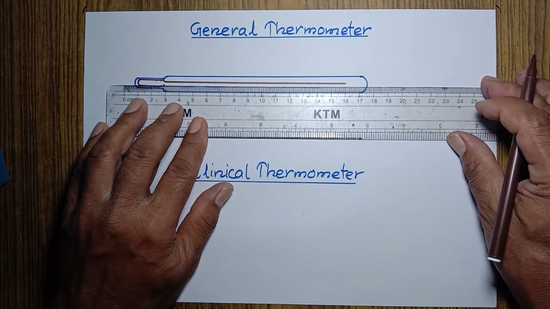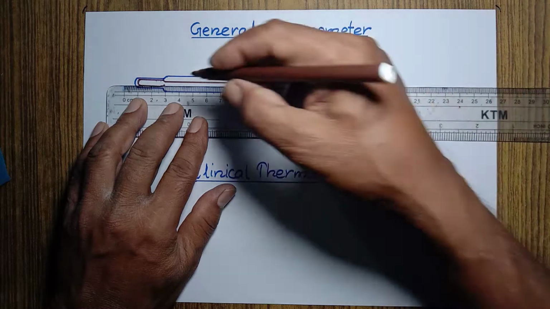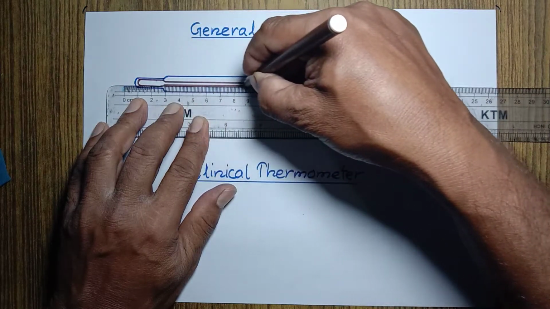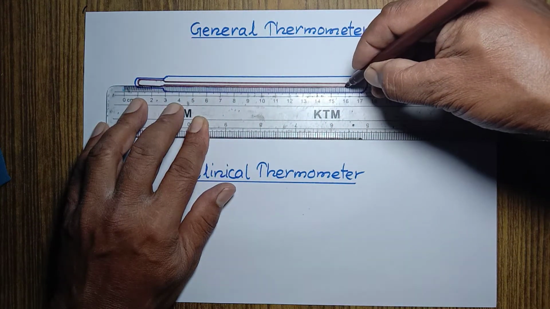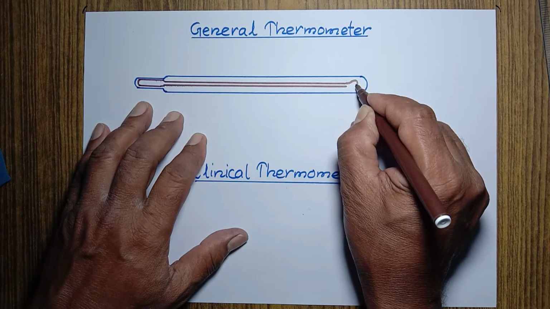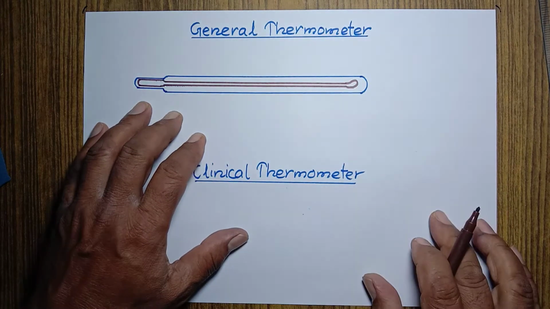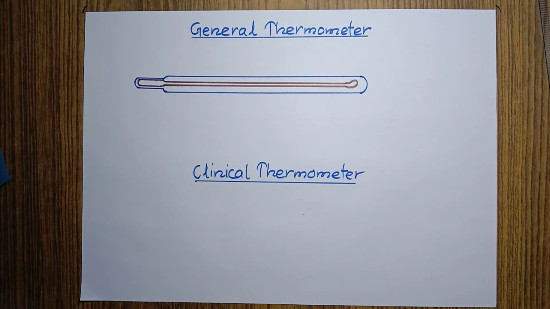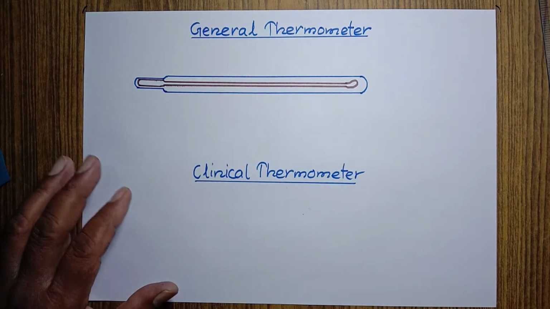This is a very thin capillary. The stem encloses a very thin hair-like capillary, and this is the expansion ball. Okay, this way we can make the outline.